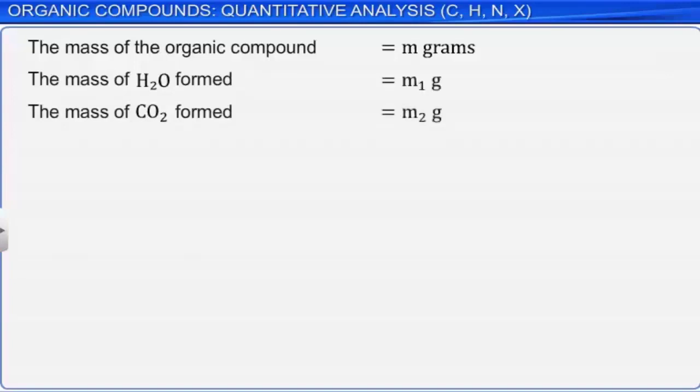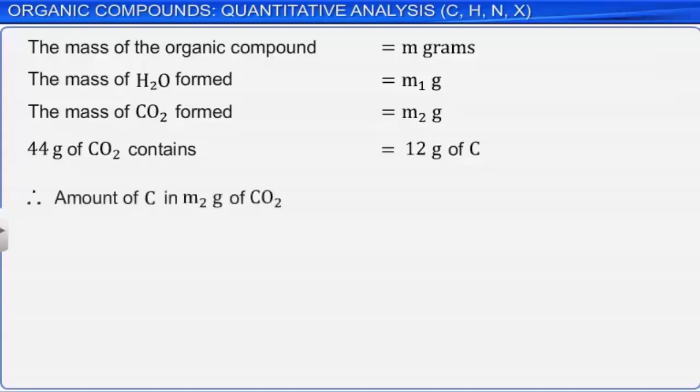We know that 44 grams of carbon dioxide contains 12 grams of carbon. Therefore, the carbon content in m2 grams of carbon dioxide may be calculated as 12 × m2 / 44.